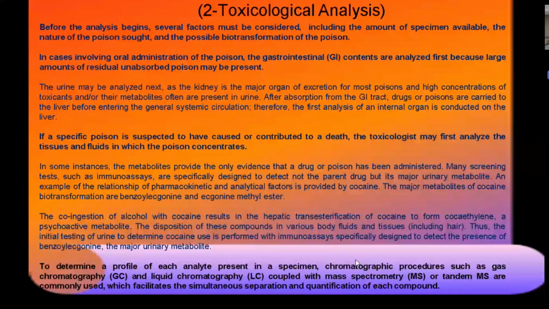There is hepatic transesterification of cocaine to form cocaethylene, which is a psychoactive metabolite. If this compound is present in the body fluids, the tissues, or also in the hair, with its estimation we can know that this person has taken alcohol and cocaine together. So we should be able to understand what cocaethylene is. From that, we can understand there was co-ingestion and there was death of the person.